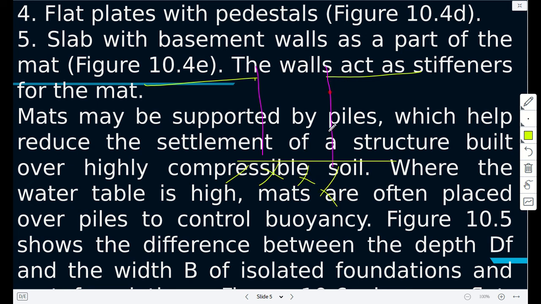So these walls are designed because, as we have said before, and I believe you have done a lot of soil mechanics and geotechnical engineering, if you draw the stress distribution as you go down, it is like that.